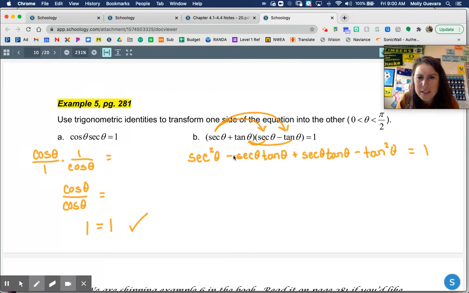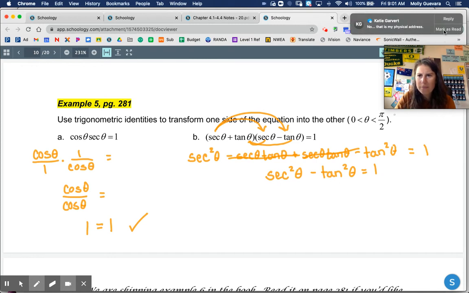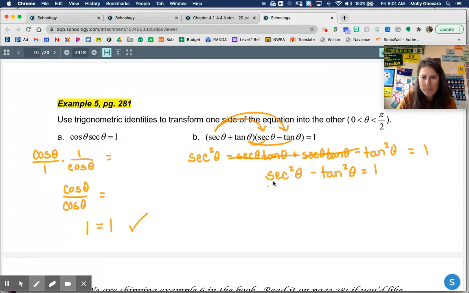Okay, so I see that these two middle terms get to cancel, so that's exciting. That gives me secant squared theta minus tangent squared theta equals 1. I'm trying to get secant to kind of cancel with this tangent. Using my trig identity up top, I can replace secant squared of theta.